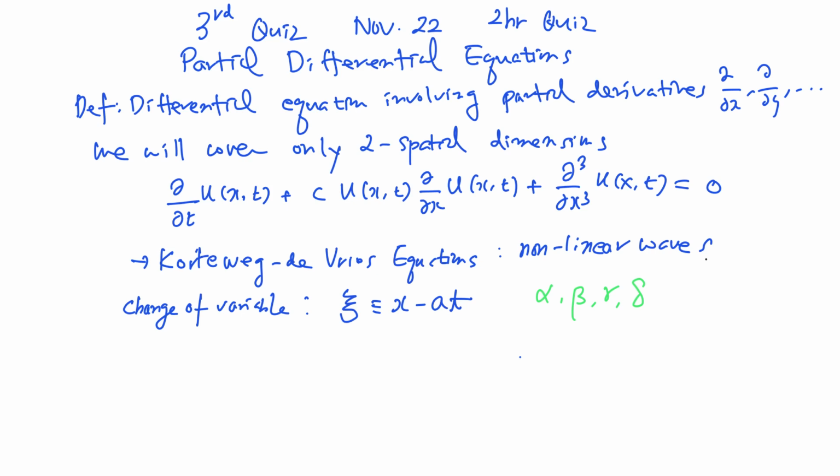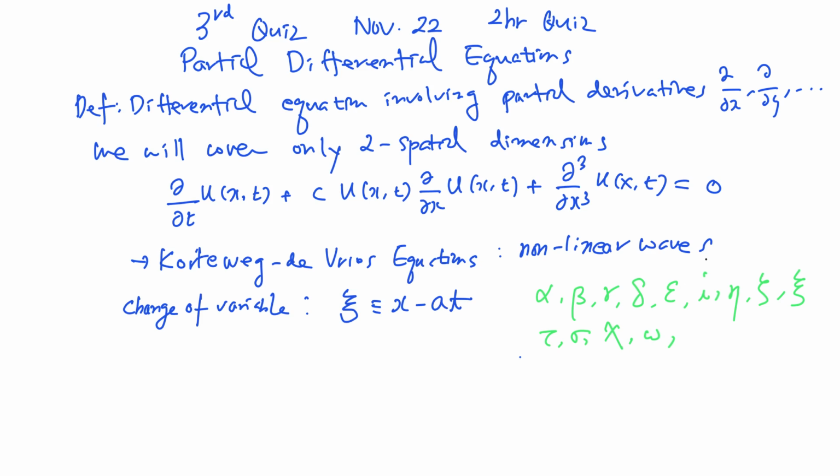Delta, epsilon, iota, eta, zeta, psi, tau, sigma, omega, what else?